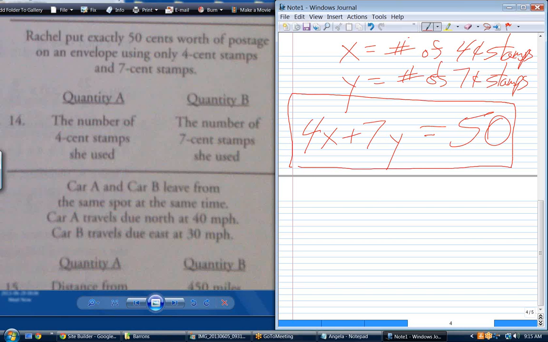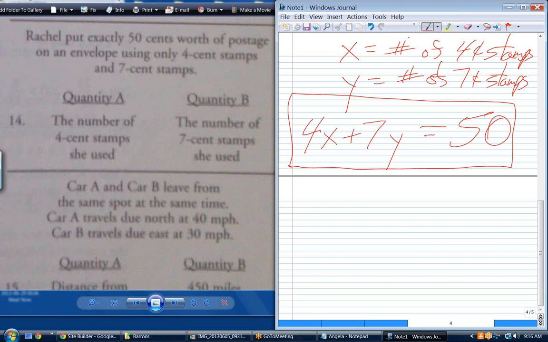And we don't have another equation, so we can't solve for x and y. The only other condition we have is that this has to be an integer solution. In other words, when I have one equation and two unknowns, I have an infinite number of solutions.